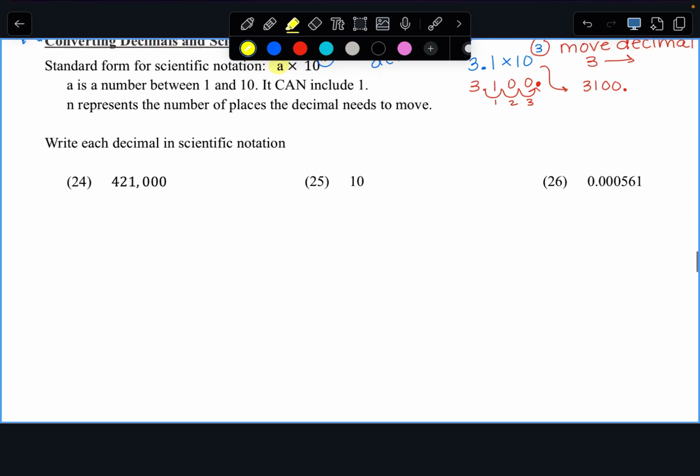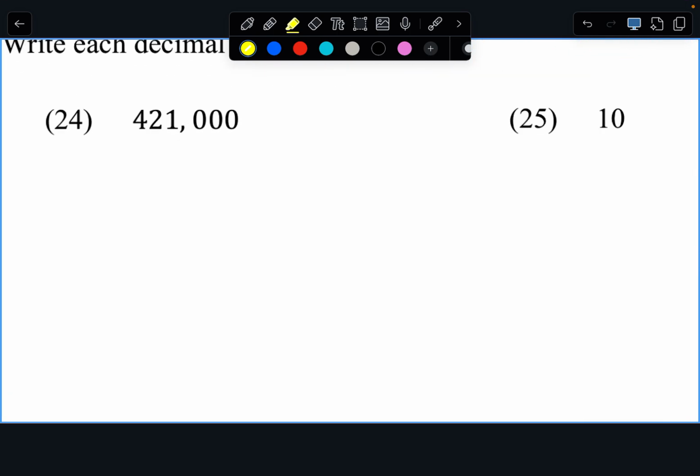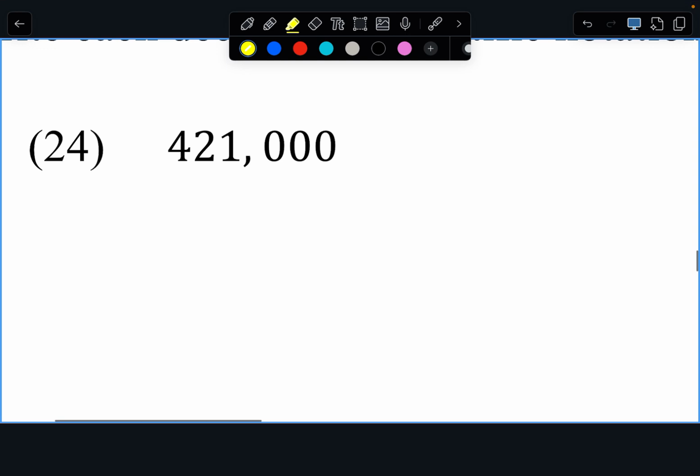So let's go ahead and rewrite these. For number 24, right now, our decimal is after that number. Okay, it's at the end of the number. Where would I have to put the decimal to change that to scientific notation? I want something times 10 to some power.